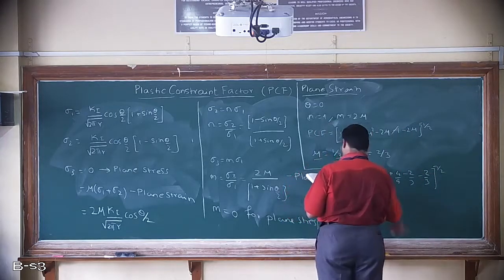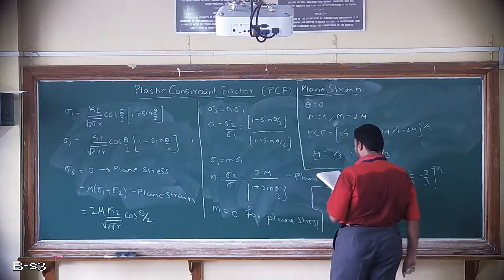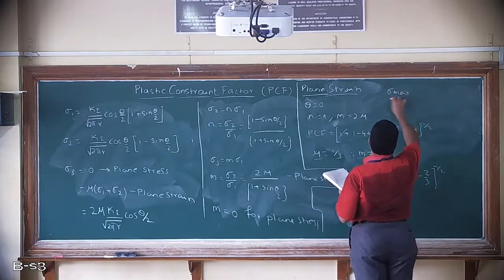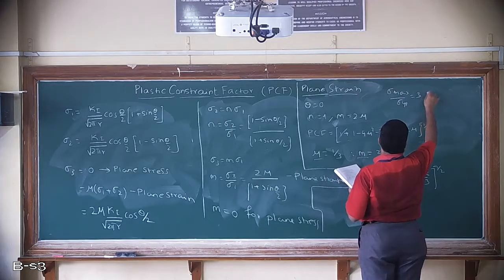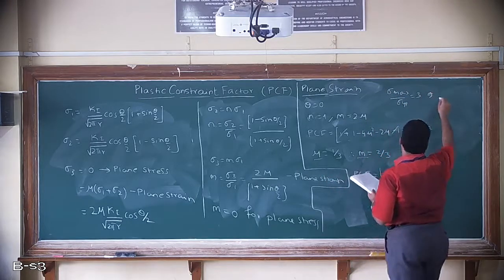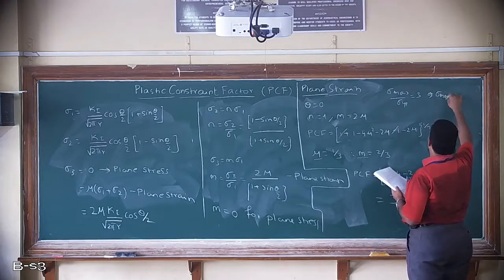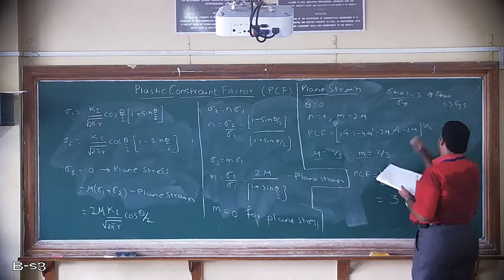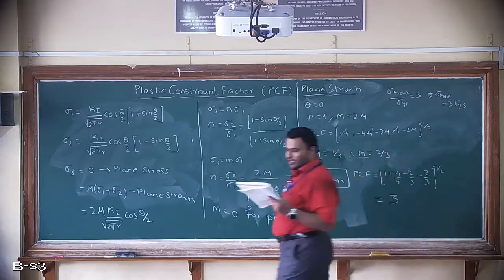Upon simplification we get 3. So with this we can say sigma max upon sigma ys is equal to 3. This implies that the maximum tensile stress developed here will be equal to 3 times the yield stress of that specimen or the component.